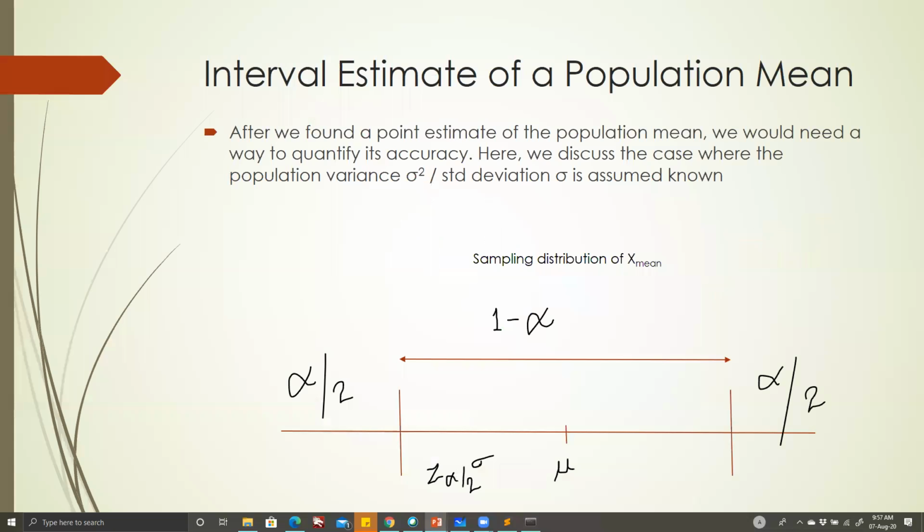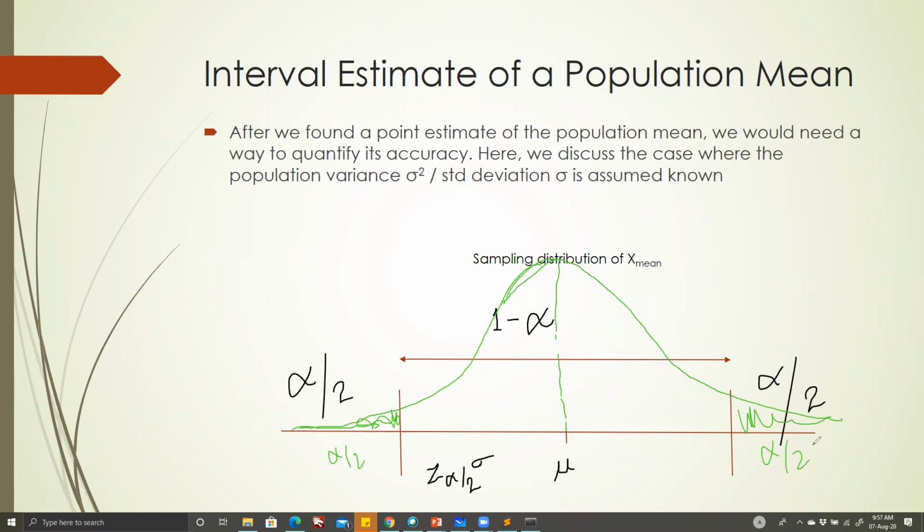So imagine at mu you have your mean, and again it starts to go down. If this area is alpha by 2, remember alpha by 2, and this area is also alpha by 2, again it's going to be symmetrical.